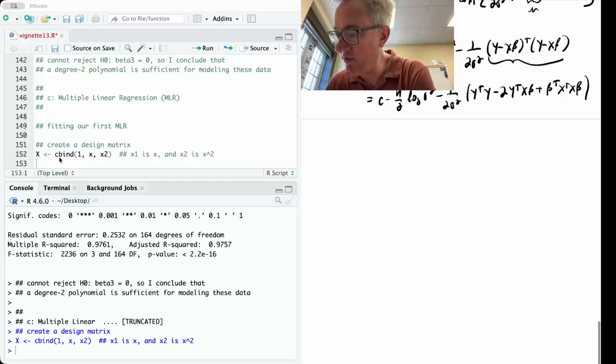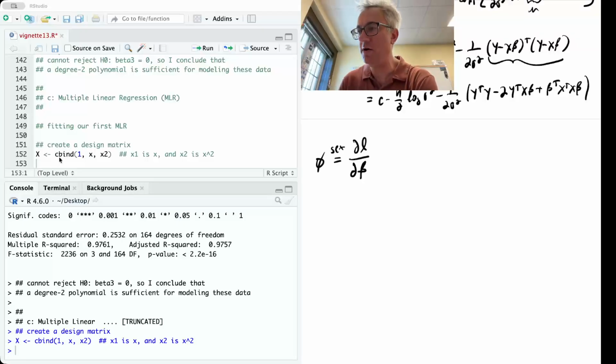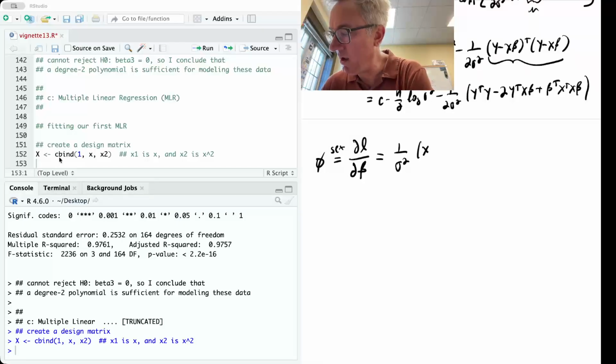Okay, so I'm going to take the derivative of this log likelihood with respect to the vector of slopes and set that equal to 0 and solve. When I take the derivative with respect to beta, the log sigma squared doesn't matter. The quadratic comes down and it becomes 2 times, by the chain rule, the derivative of what's inside. So I'm going to get 1 over 2 sigma squared times 2, which is going to be 1 over sigma squared, and then minus x transpose y plus x transpose x beta.